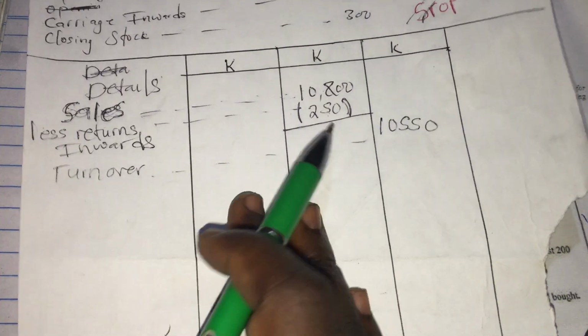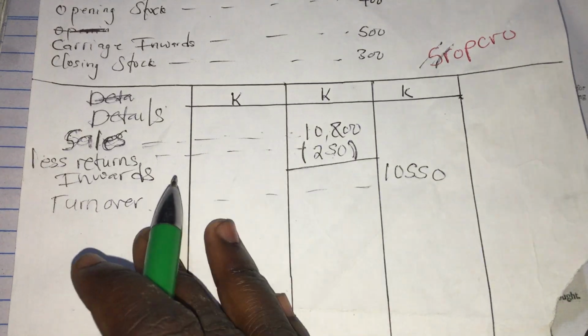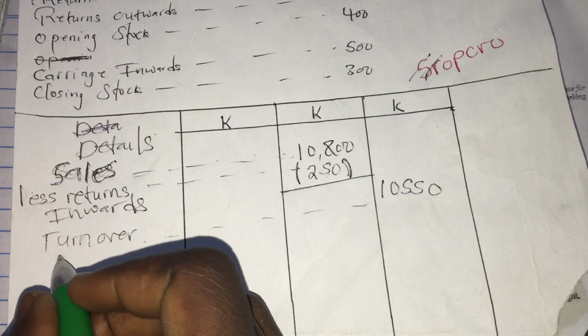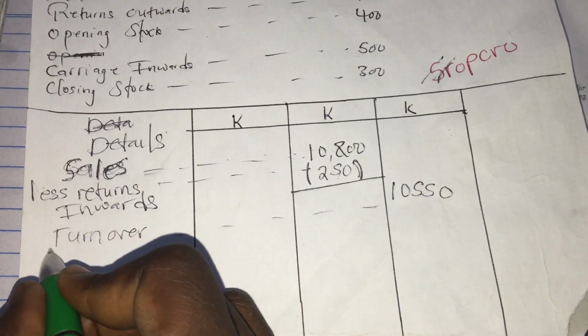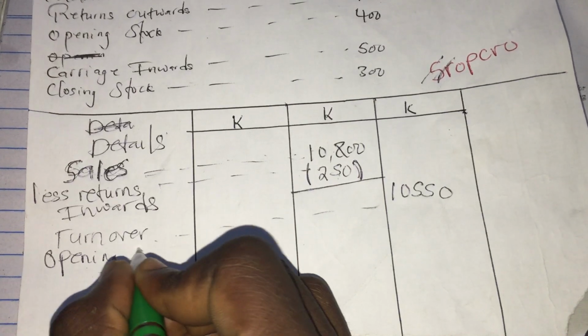All right, so now we proceed. S cancelled, then it's R. So now if you check, O stands for opening stock. So we are going to write here opening stock.